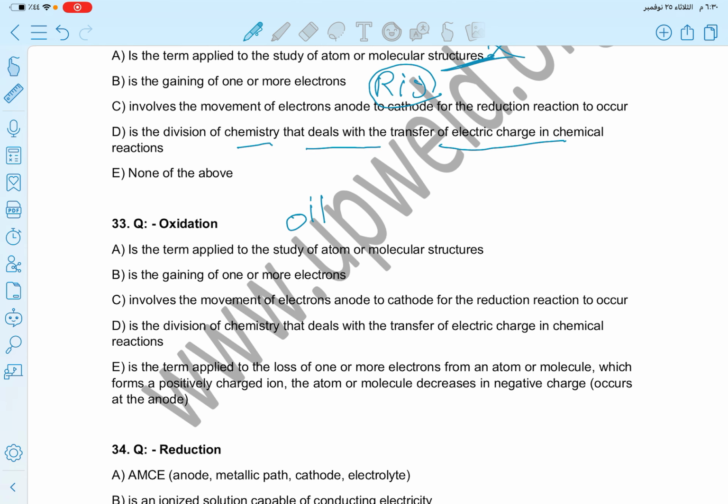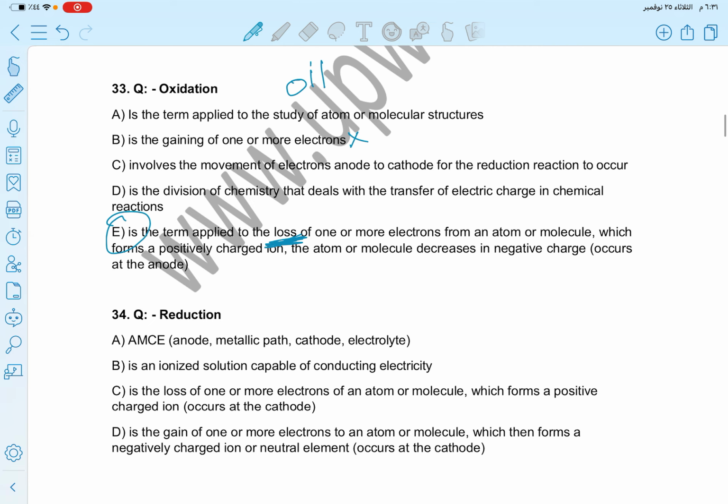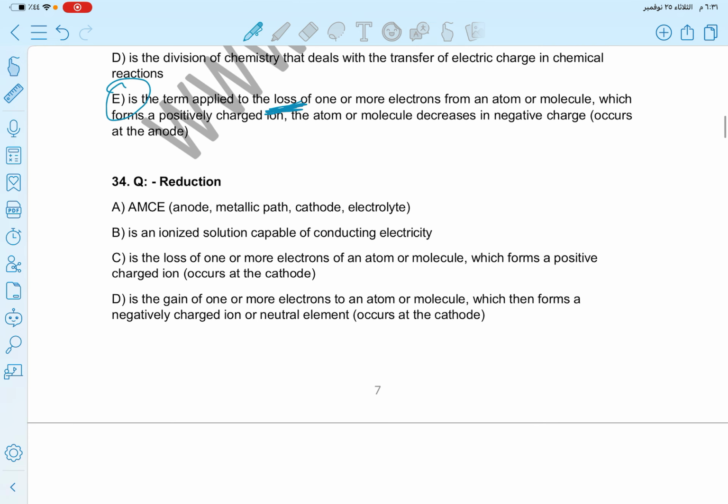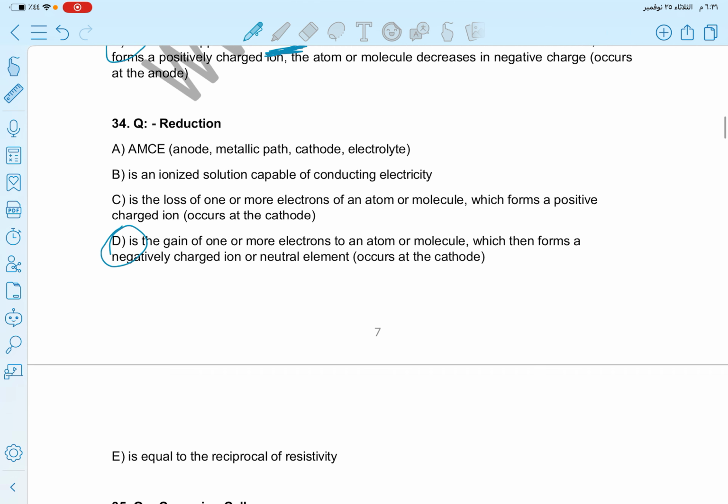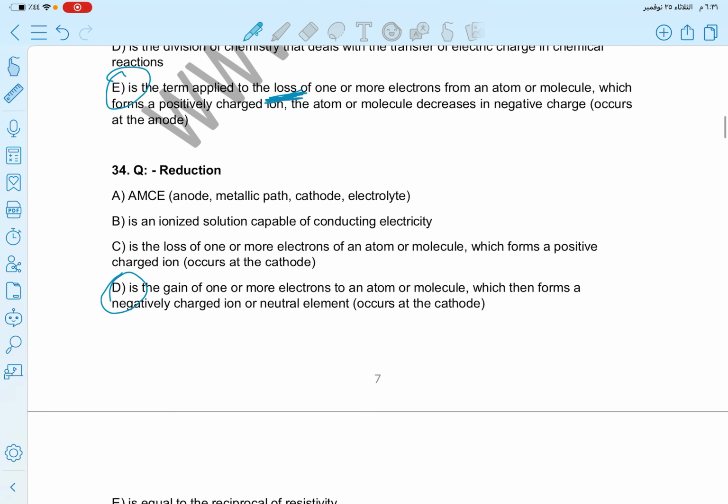Just see the answers. This one is wrong, it involves the movement of electrons from anode to cathode. Lose, just search about lose, is the correct answer. Reduction is gaining. D will be gaining of electrons. This is RIG and this is OIL.